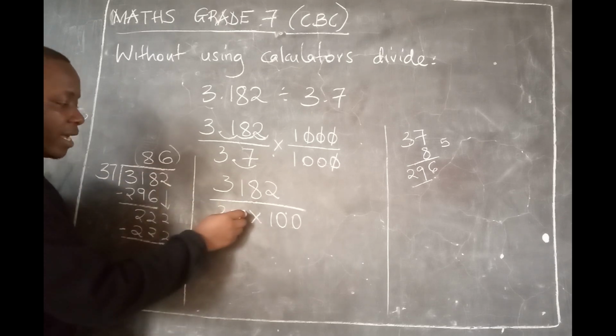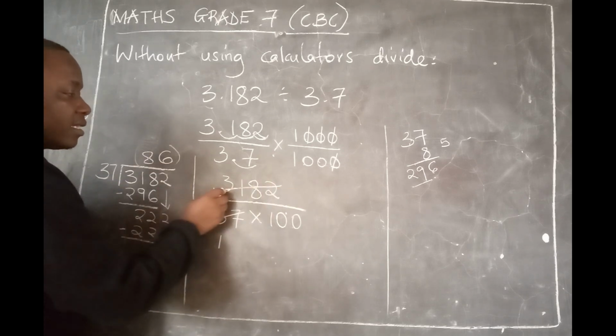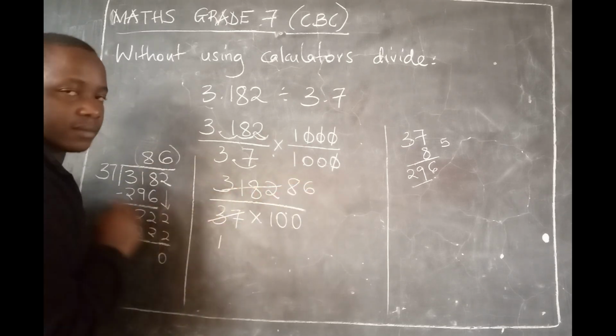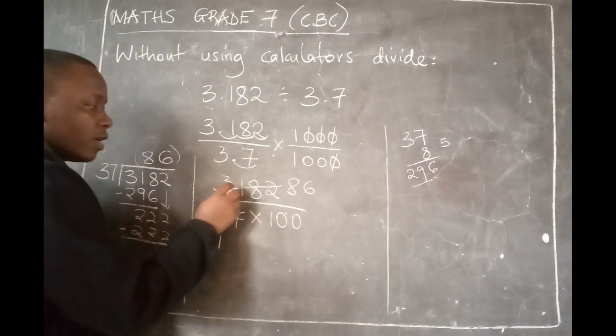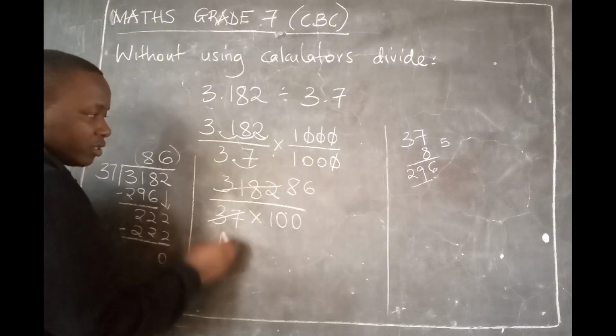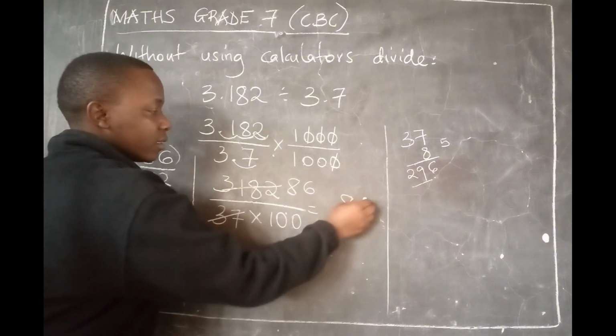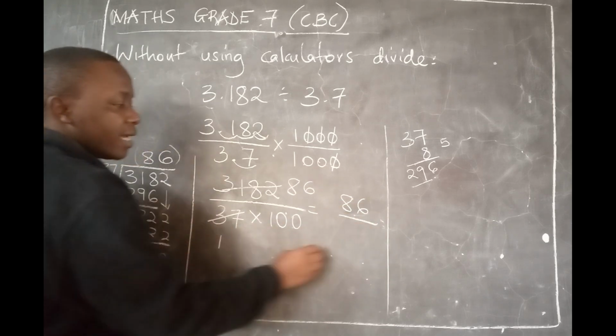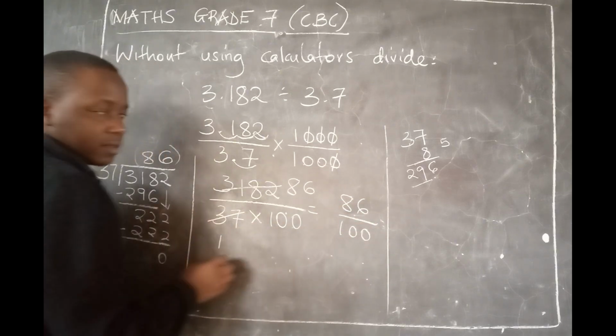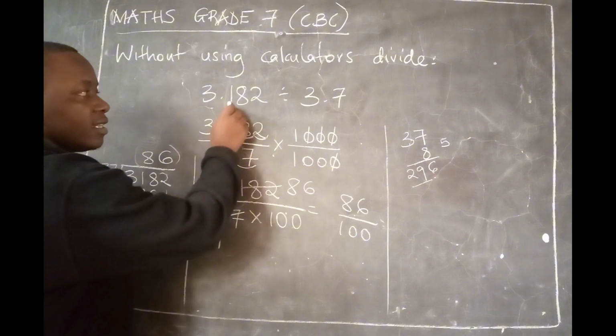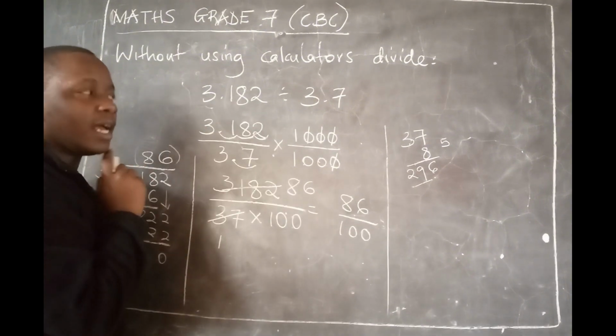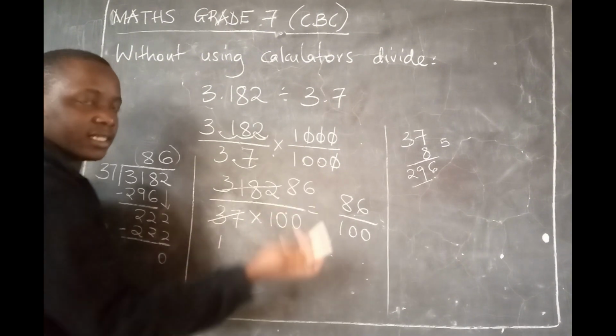So here you'll say 37 goes 8, then 37 goes 6: 86. Now this is 86. So you'll say it is 86 over 1 times 100, which is 100. Now, we were given this question as a decimal, so we change this to a decimal.